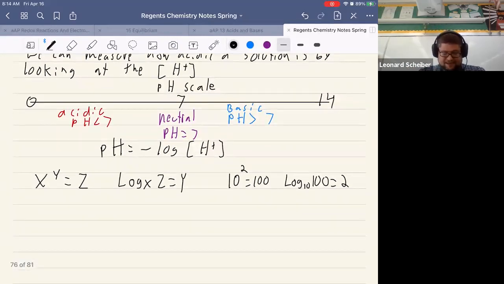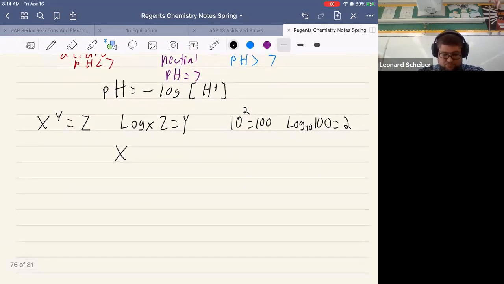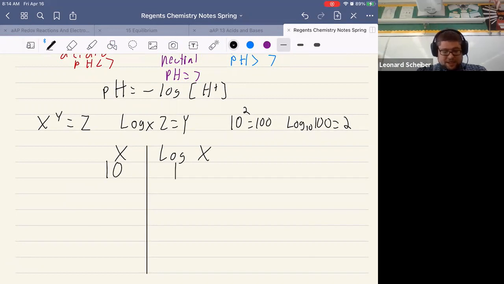So, practice time. x and log x, right? If x is 10, the log of x is 1. If we have x equaling 1,000, which equals 10 to the third, the log of x is 3.